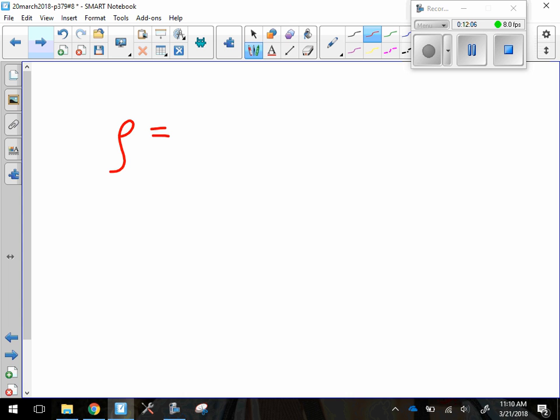If the density is uniform, then whether I take the whole Earth and divide it by its whole volume, or I take the part that's interior to r prime and divide it by the volume that's interior to r prime, those things have to be the same. If it's uniform density, no matter where I take the scoop, the ratio of the mass to the volume has to be the same. That's what uniform density means.